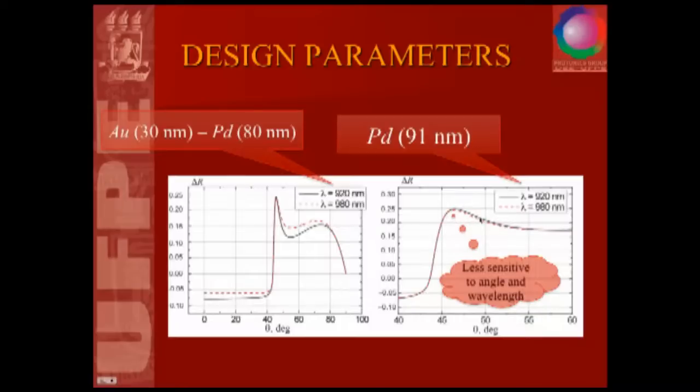If you want to make a device that operates at a single wavelength and you have a design error, that's not going to cause significant loss of sensitivity of the device. So that's the choice after all these simulations: single palladium layer, calculated at the optimum wavelength of 920 nanometers.